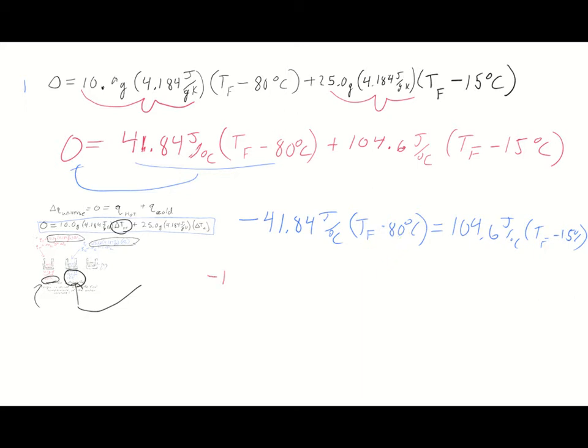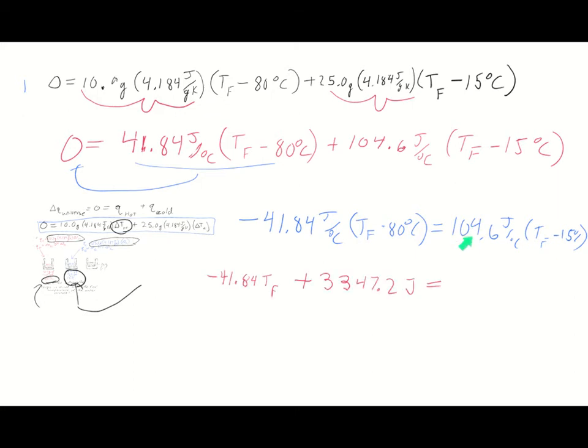So that gives me a negative 41.84 TF plus 41.84 times 80, 3,347.2 joules, equals, and now I'm going to distribute over here again, right?